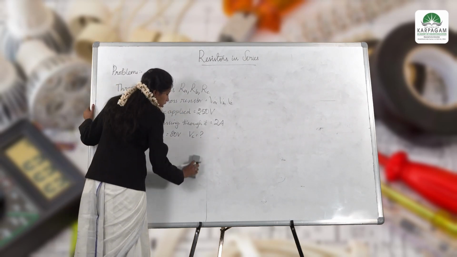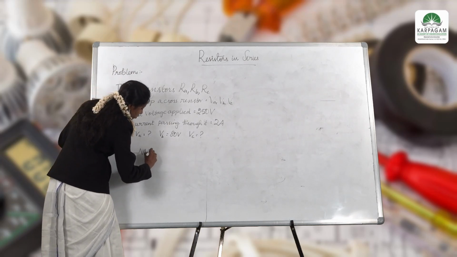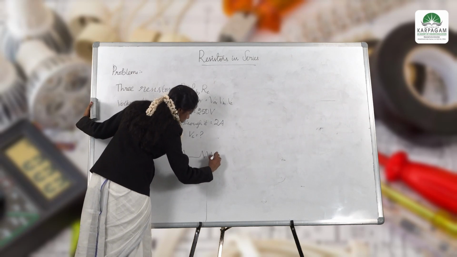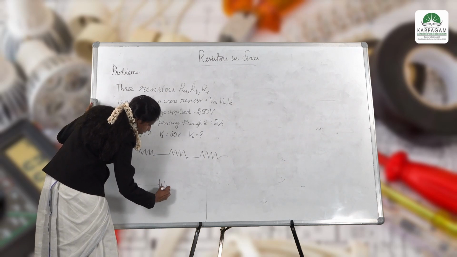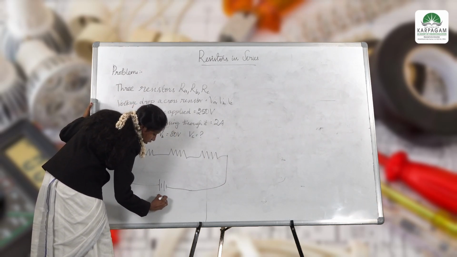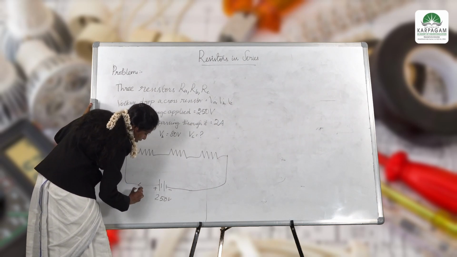Based on this, I am going to construct a circuit. The first thing is I have 3 resistors. This has been connected to a supply, and this supply value is 250 volts, positive, negative. The current passing through the circuit is 2 amps.